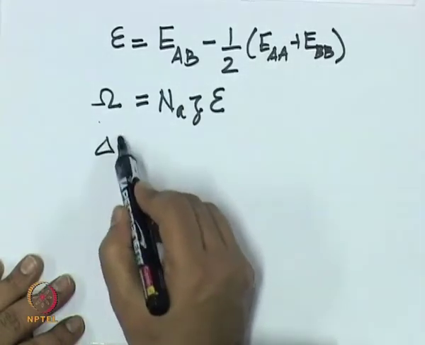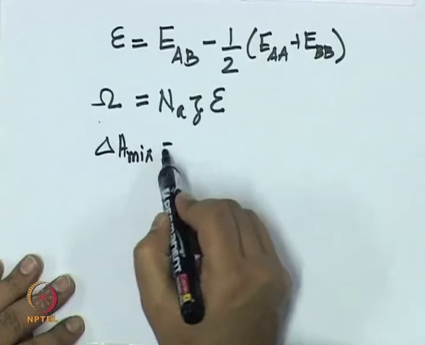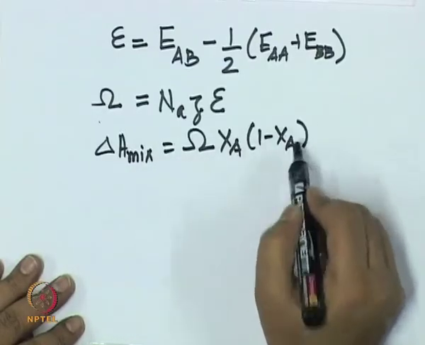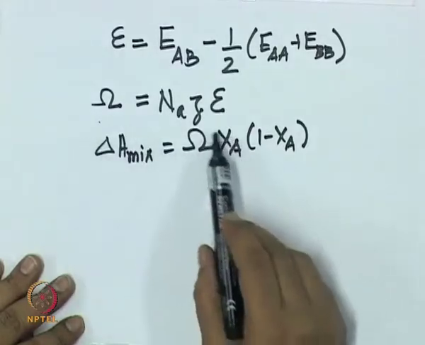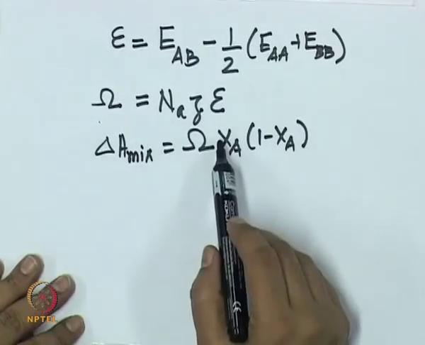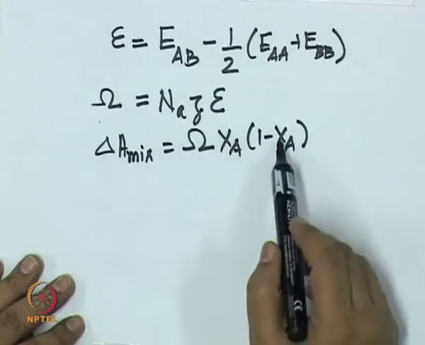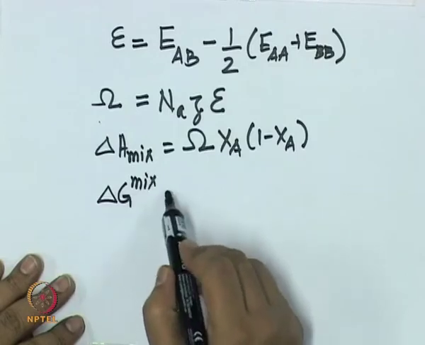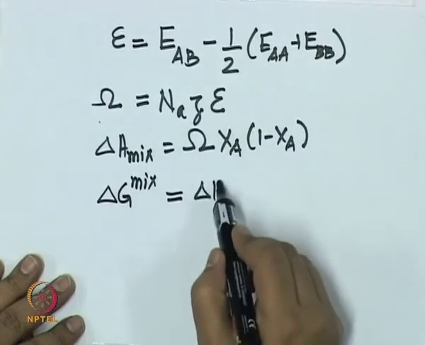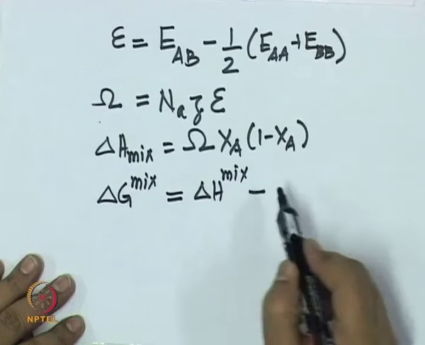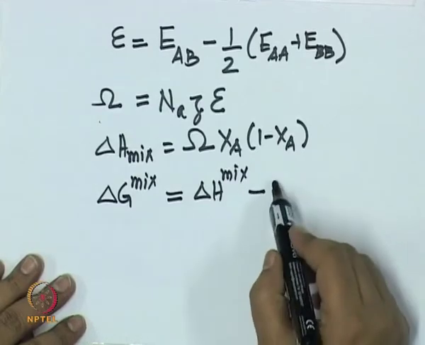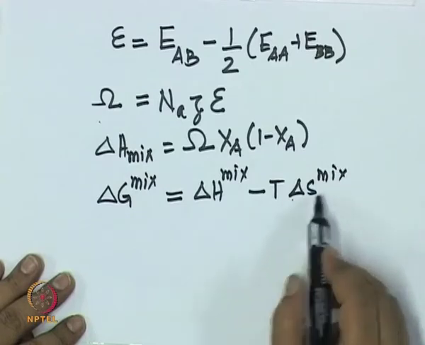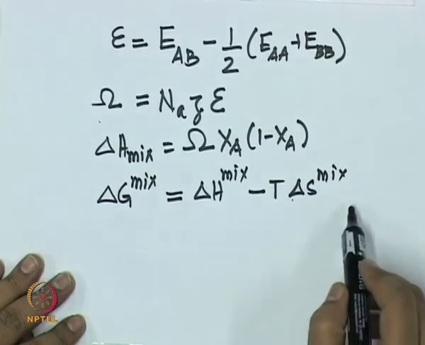So, the delta H mix, which you can see, is dependent on omega XA into 1 minus XA. Again, the sign of delta H mix is dependent on the sign of omega. So, in this case, the free energy delta G mix is given by delta H mix minus T times delta S mix, but delta S mix is nothing but minus R times (XA ln XA plus XB ln XB).